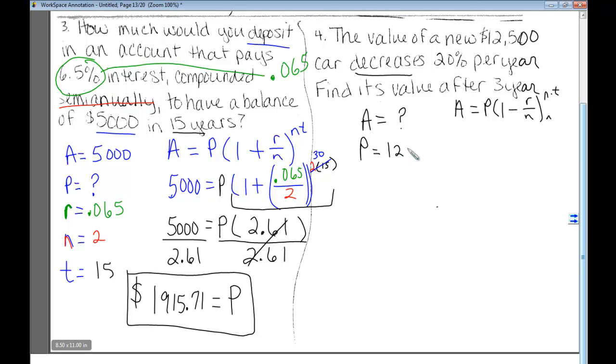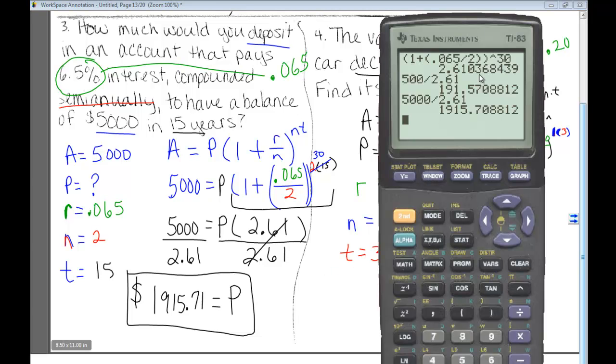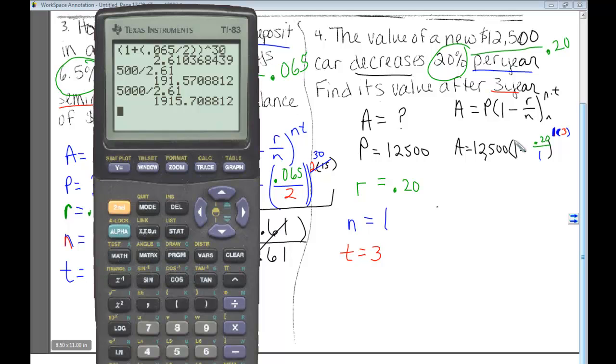P, it costs me $12,500. The rate, if we take off the decimal, move 2 spaces over to the left, is 0.20. The number of times compounded is per year, so that's 1. And the time is 3 years. So in our handy dandy calculators, let's input this information.